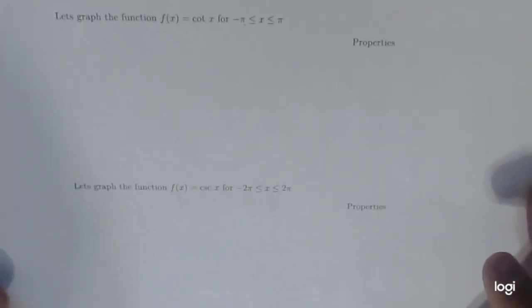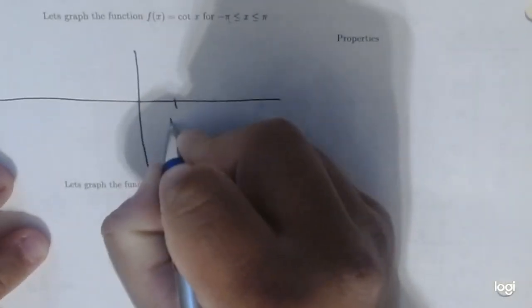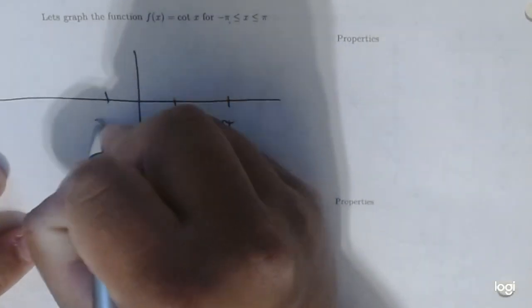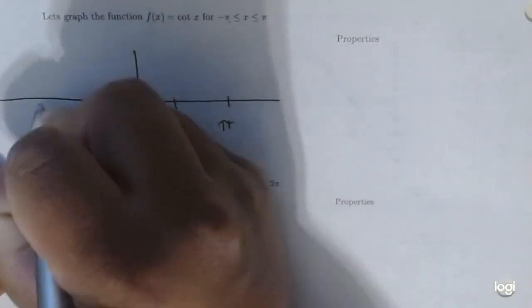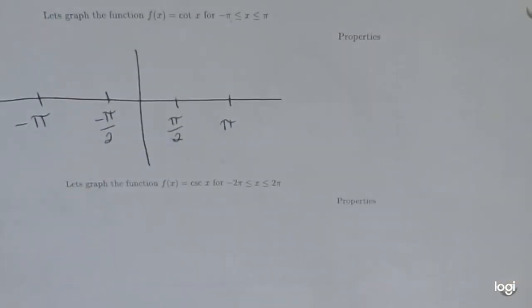Okay, so if you flip the page, let's do the rest of them. The next one is the opposite of tangent, cotangent. Now it's x over y instead of y over x, which doesn't change too much at all, believe it or not. So remember, this is x over y now.